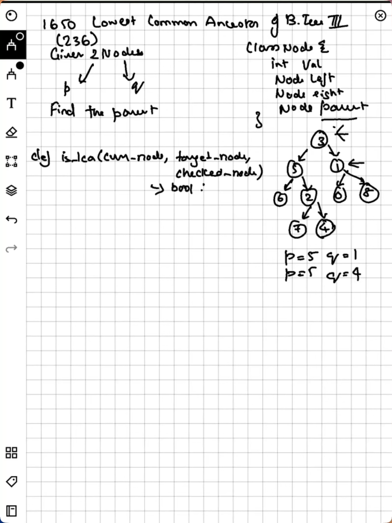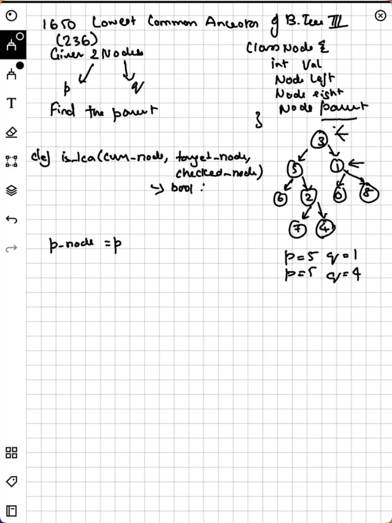Now what we want to do is iteratively keep moving upwards. The current variable represents this node at a particular time and at another time this node, so let's start defining those variables. Let me call this p node, which is the nodes that I'm traversing on the p path.